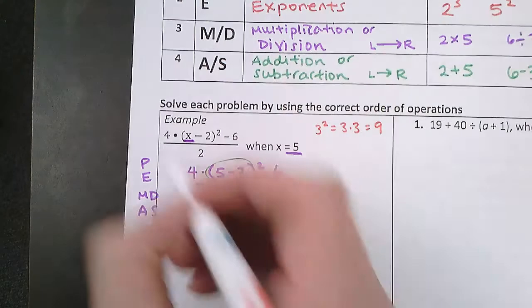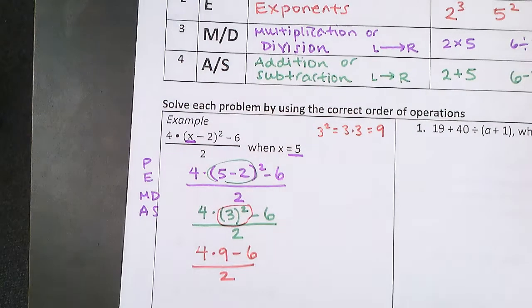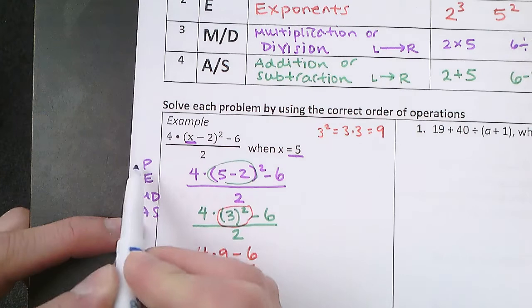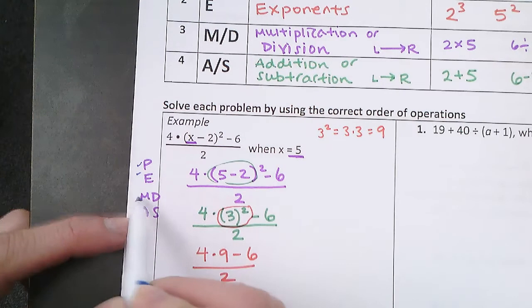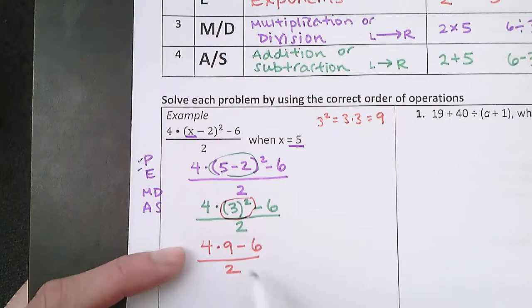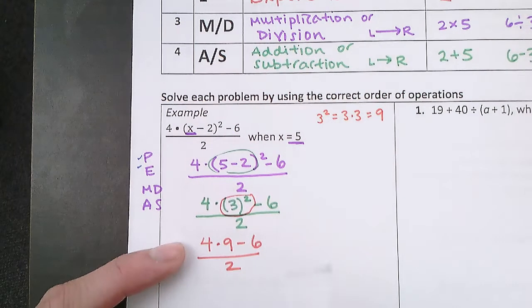All right? So we've done the P, the E, that's done. And then next is the M and the D in PEMDAS. Now we're at the M and the D. So I check my expression. Is there any multiplication or division? Okay, and I do.